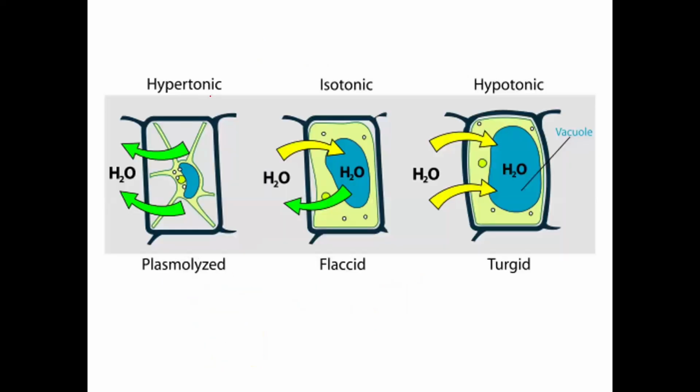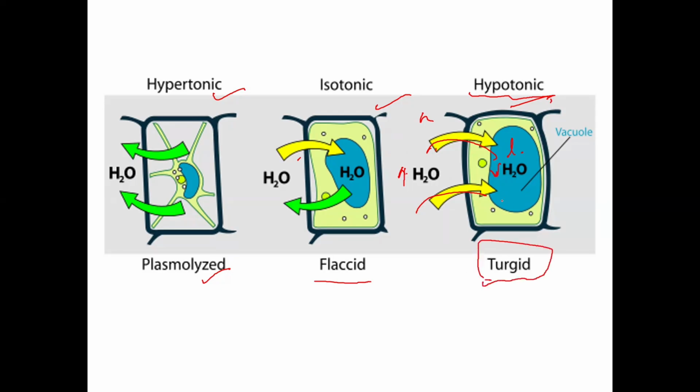Again, understand with the help of the image: hyper, iso, hypo and their results. So net movement leads to flaccid. In the case of hypotonic, the amount of water from the external medium is very high, internal it's low, leading to turgid.